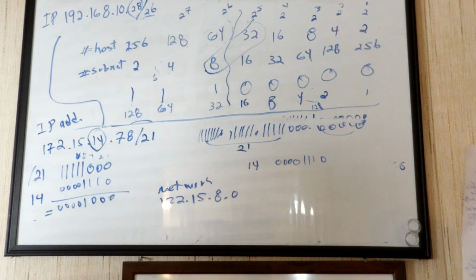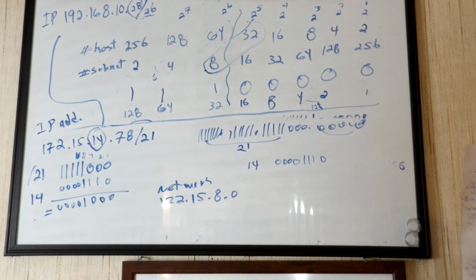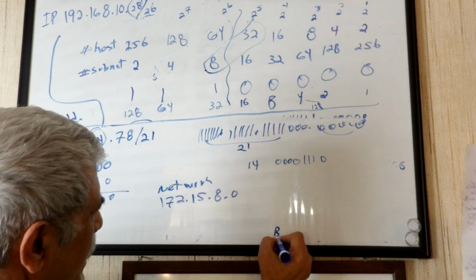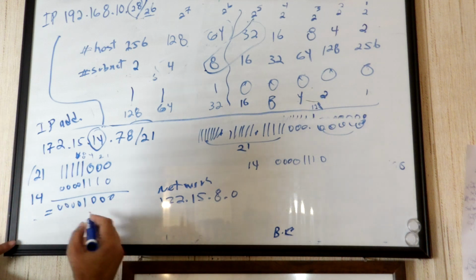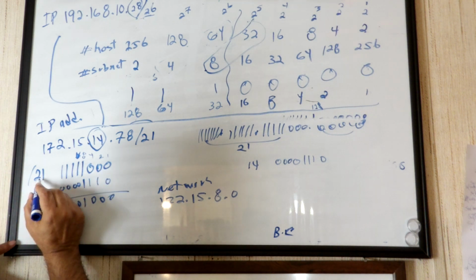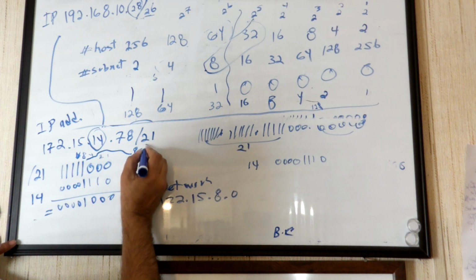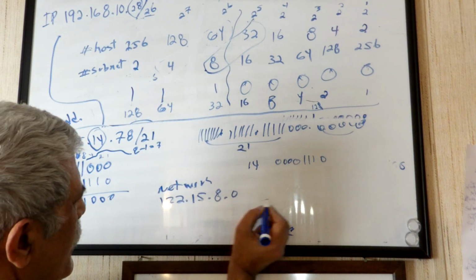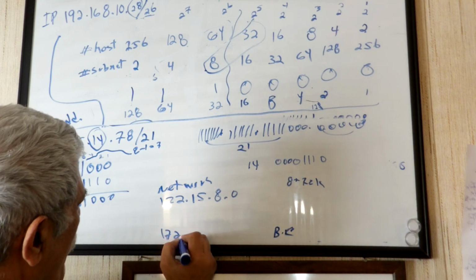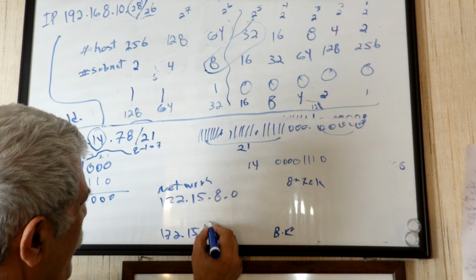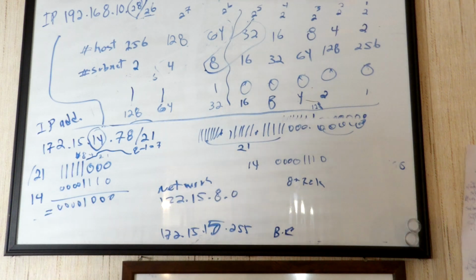Now we are going to find the broadcast ID. The last digit is 8. 8 minus 1 is going to be 7. We add 7 to this, and 8 plus 7 is going to be 15. So the broadcast address is going to be 15.255, because this is going to continue.